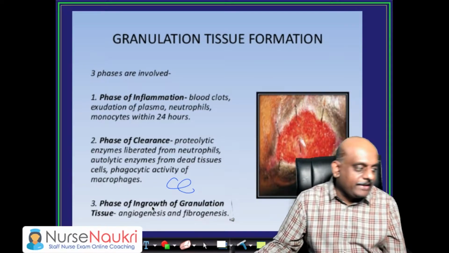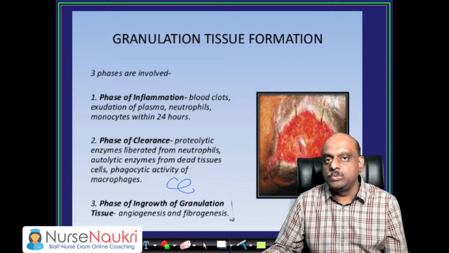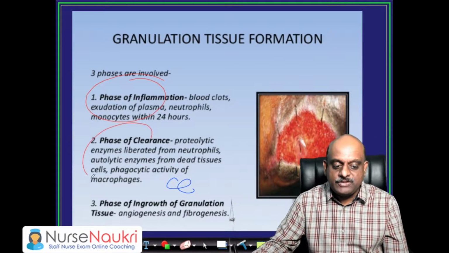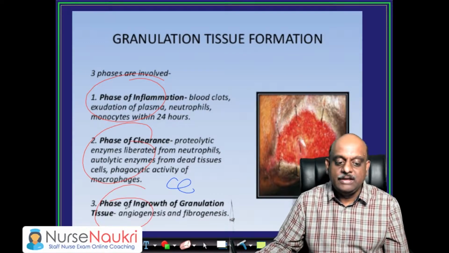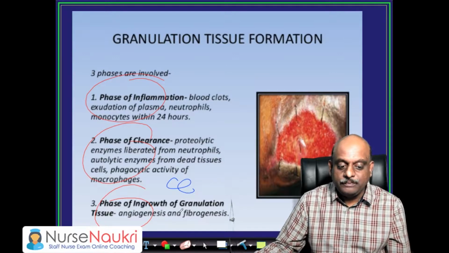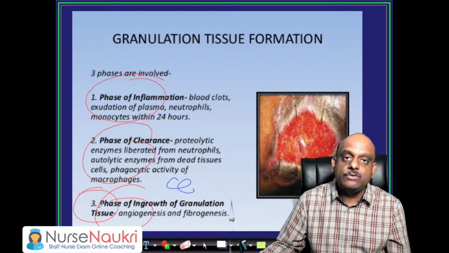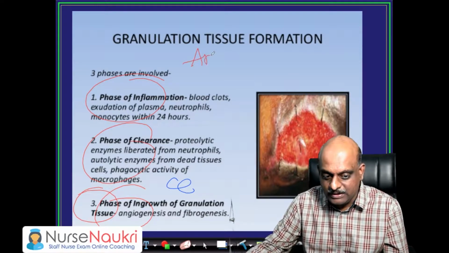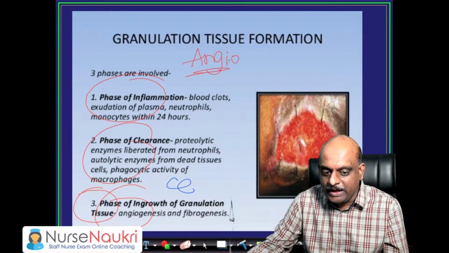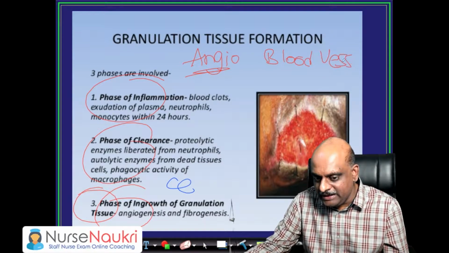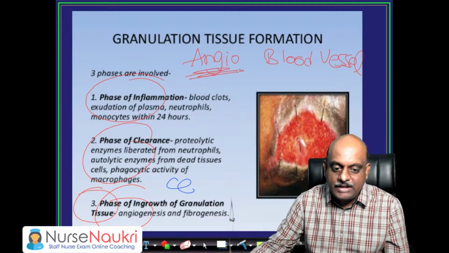So if you look at the granulation tissue, there is a phase of inflammation, a phase of clearance, and a phase of ingrowth of granulation tissue. So when the granulation tissue forms, there is angiogenesis. Angio means blood vessel. Angio means blood vessel, right?